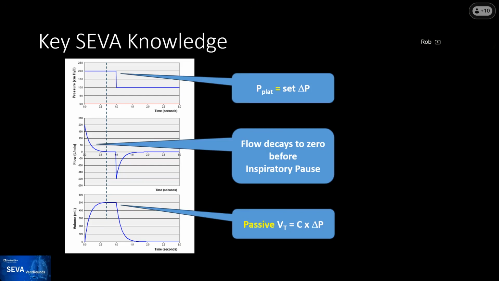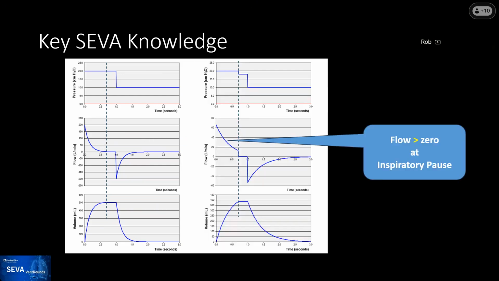Now, however, we might have a situation where flow does not reach zero at the time of the inspiratory pause. Again, this is a passive inspiration, but this is going to happen for a patient with a long time constant. What does a long time constant tell us? Well, it tells us that generally you have a high inspiratory resistance.